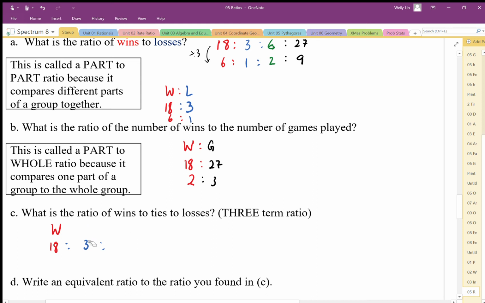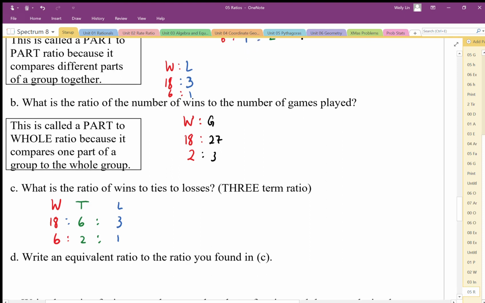So we need to write that differently. Ties was 6. And then the losses, there was only 3 losses. And again, we can reduce those terms. The order is important because we said in this case wins to ties to losses. So we need to make sure that we write the terms in the correct order.